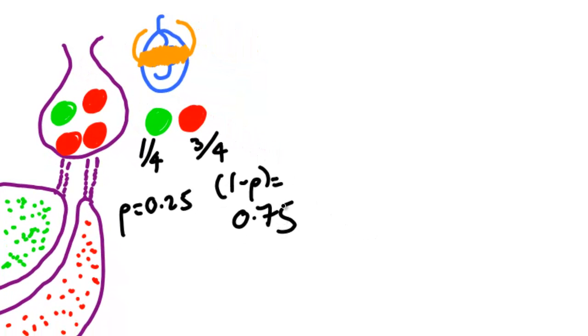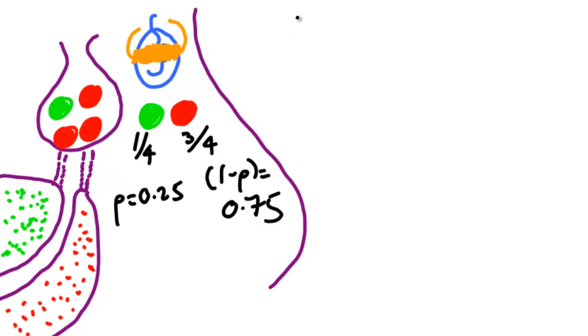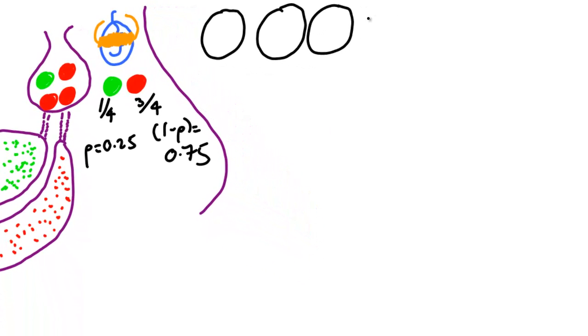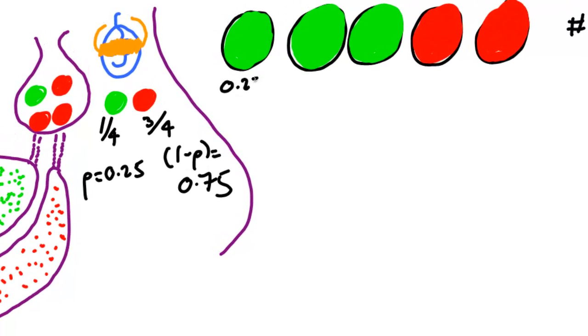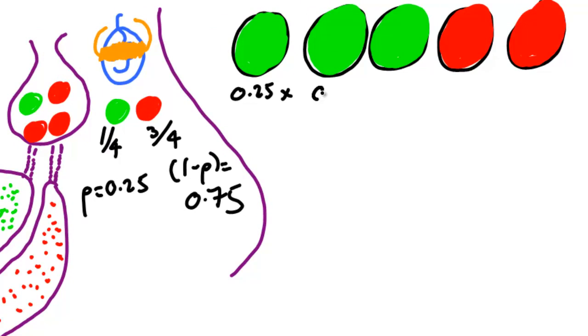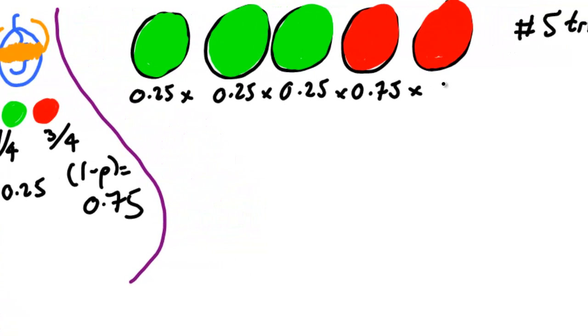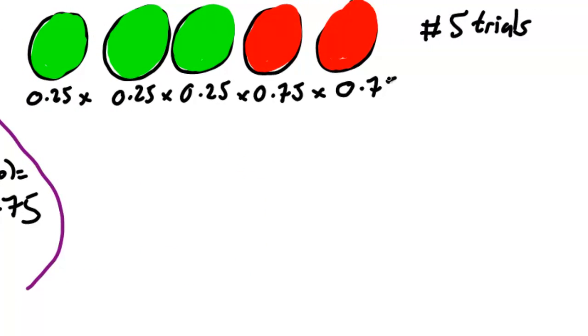So far, so good. Sean decides he'd like to draw 5 balls out of the bag at random. We'll call this 5 trials. He'd like to know his chance of pulling out exactly 3 green balls. So let's do the mathematics. To get green, green, green, and then red and red, the chance of that happening is 0.25 times 0.25 times 0.25 times 0.75 times 0.75.